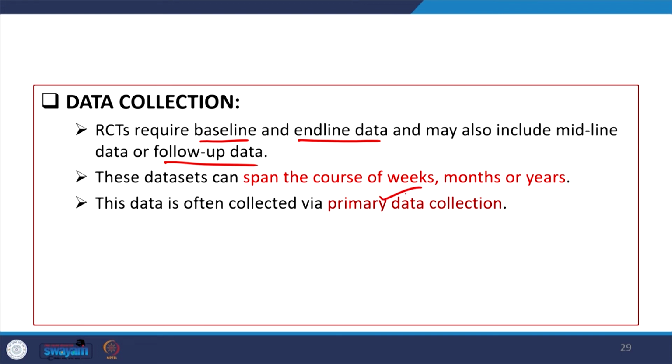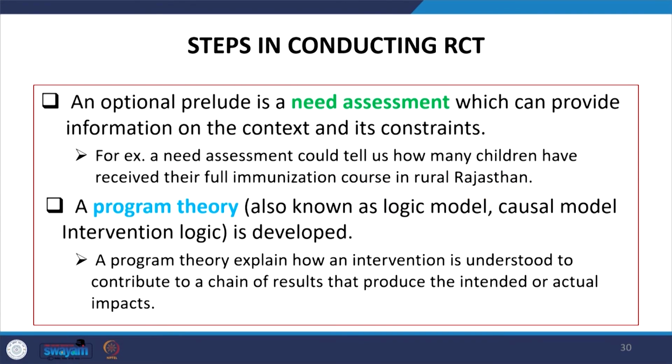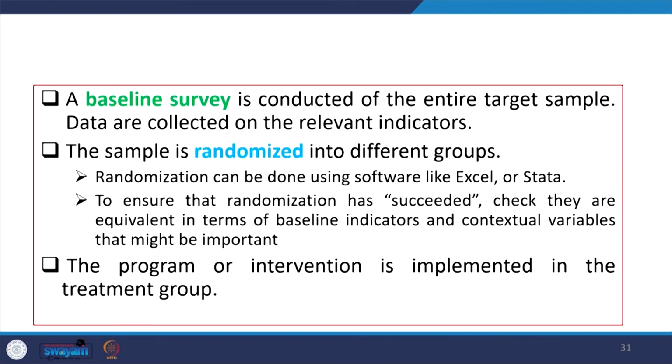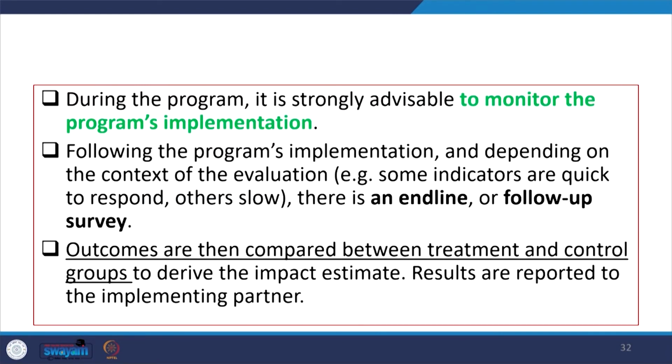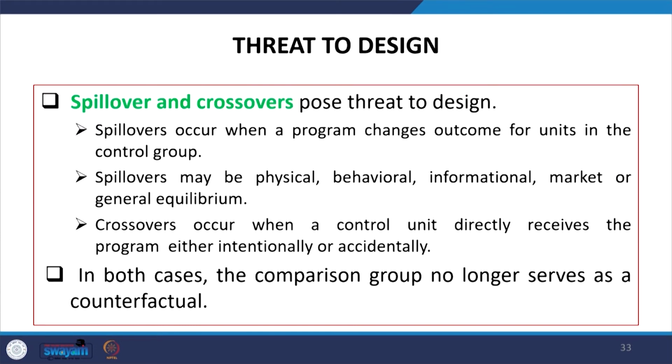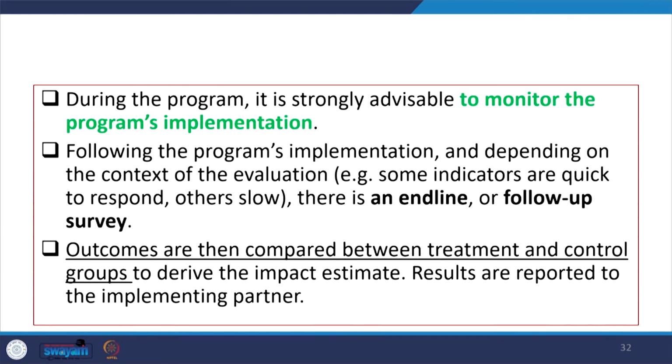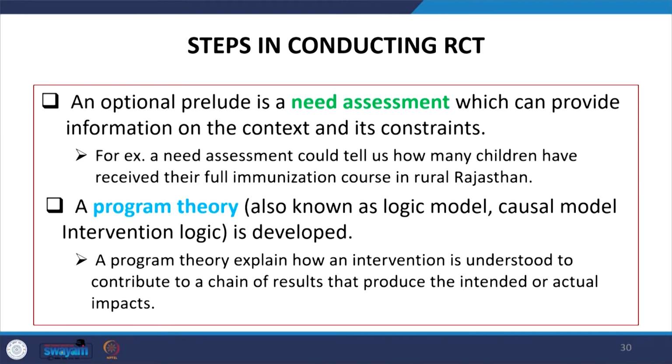So, there are steps involved in conducting RCTs: need assessment, program theory, baseline survey, randomization techniques, monitoring, follow-ups, etc. An optional prelude is a need assessment, which can provide information on the context and its constraints.